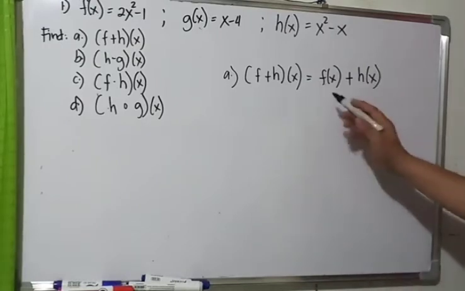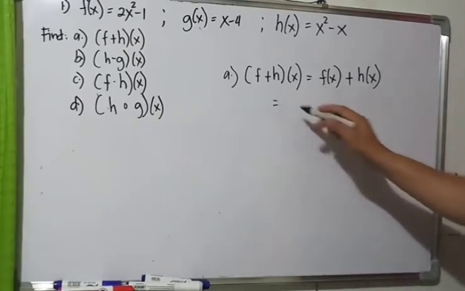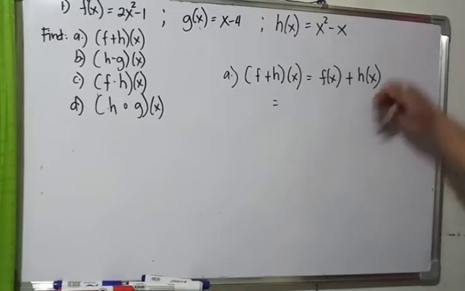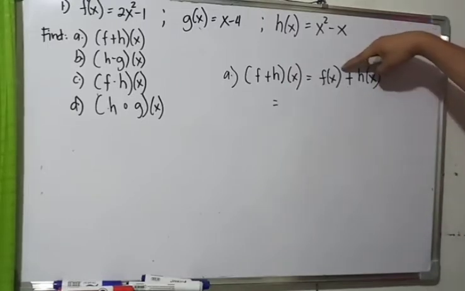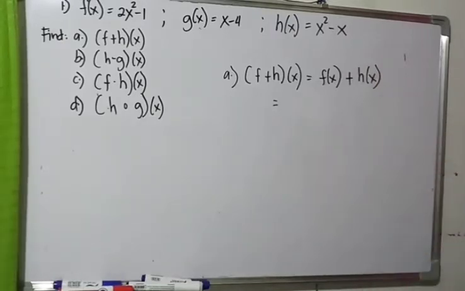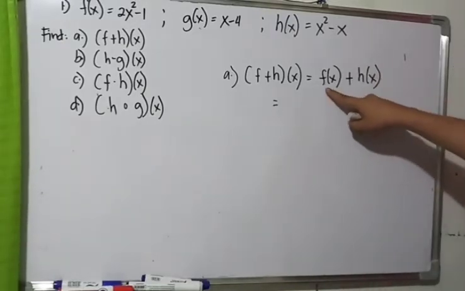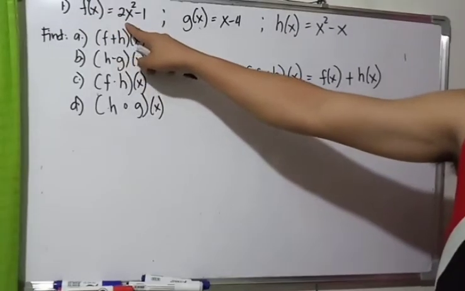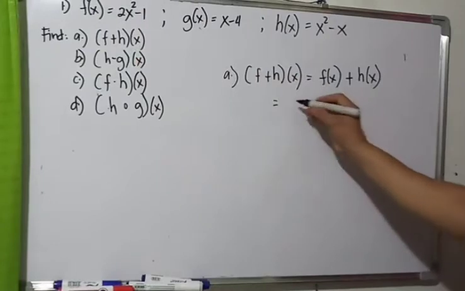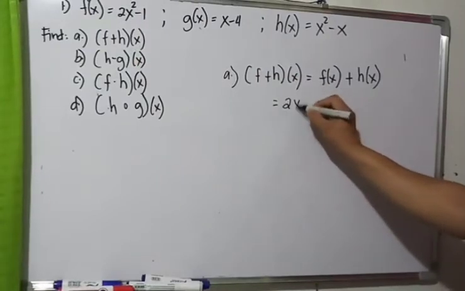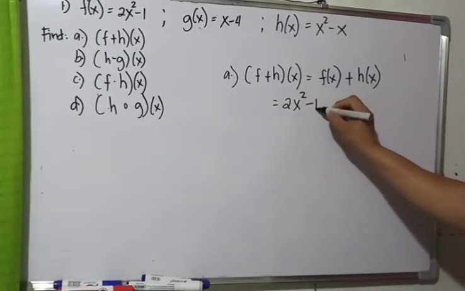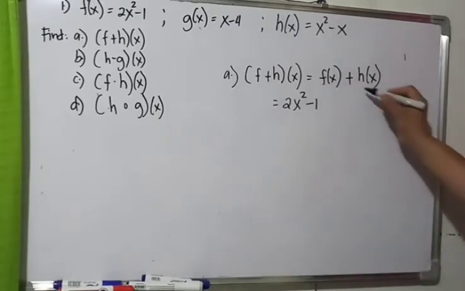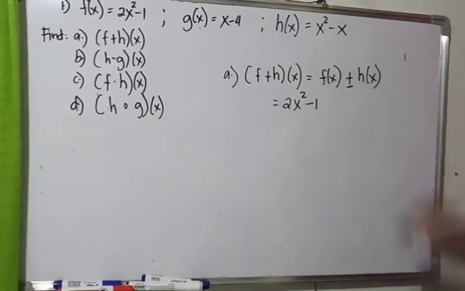Next, ito yung sum. Let's find the value of f of x. Ano ba yung value ng f of x natin given? Step by step natin ito para makuha talaga. So ang value ng f of x, yan ang given. So that is 2x squared minus 1. So isulat lang natin yan: 2x squared minus 1 plus, ito, sum.